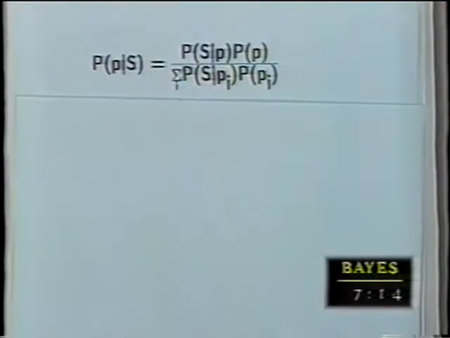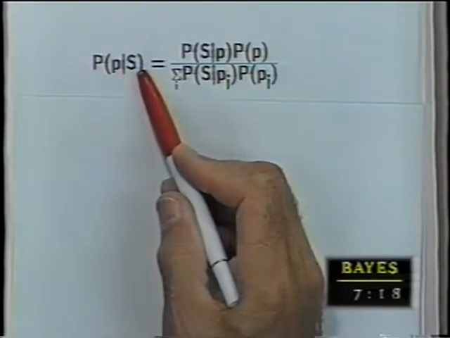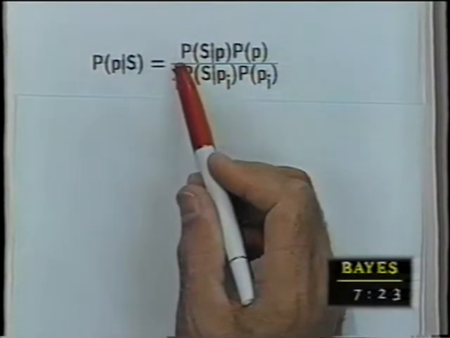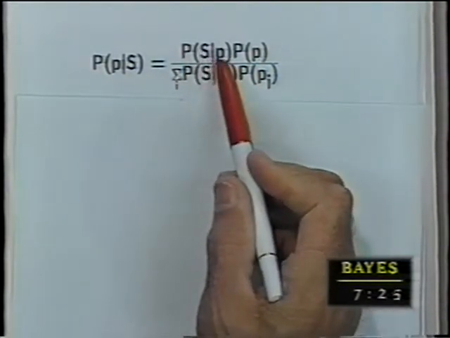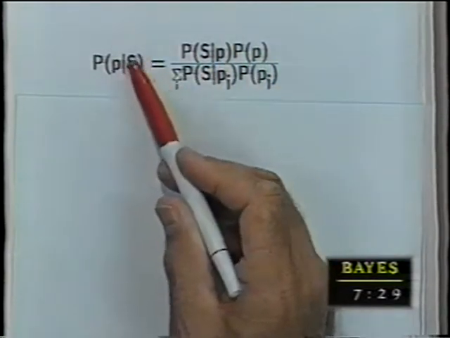I'm not going to derive it for you. We can assume Mr. Bayes did it correctly because it's been checked many, many, many times. As a mathematical formula, if you like mathematical formulas, here's a picture of what it is. If you want a probability of a primary given a secondary, what you have to do is use, for the numerator, the probability of the secondary given the primary times the probability of the primary, where the secondary and primaries are the same as they are here.